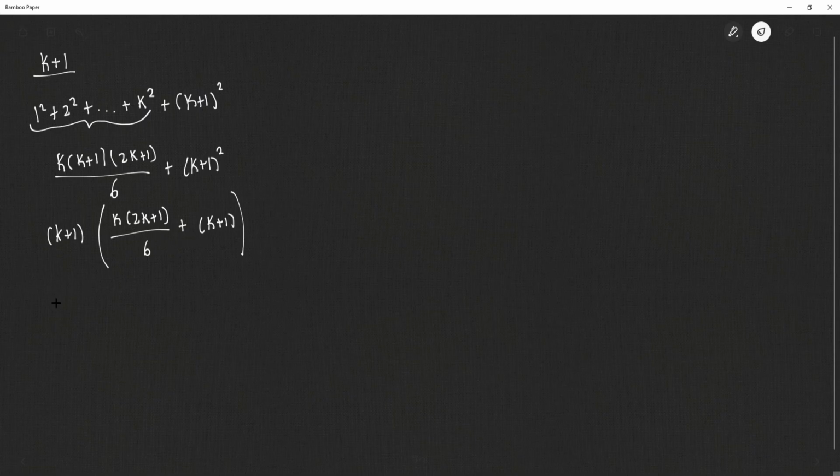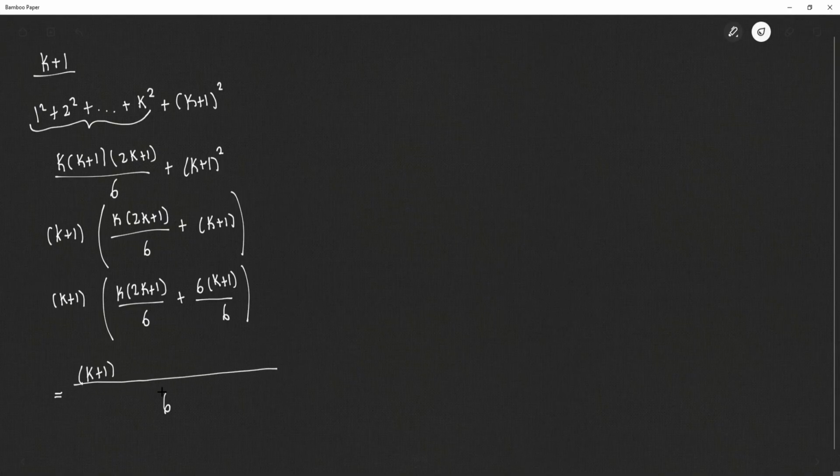So this is going to become k plus 1 times k times 2k plus 1 divided by 6 plus 6 times k plus 1 divided by 6, which when we add those together, our k plus 1 will stay on the outside, and then it's all going to be over 6.